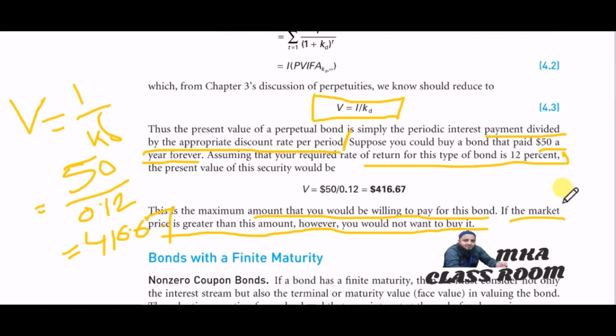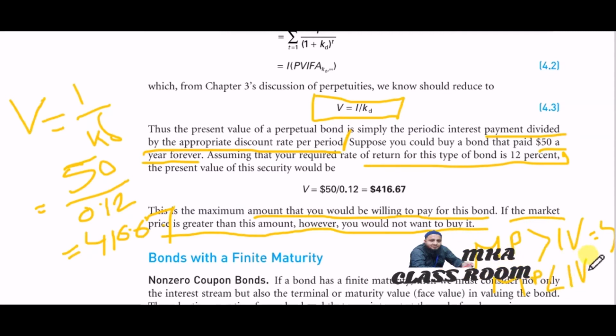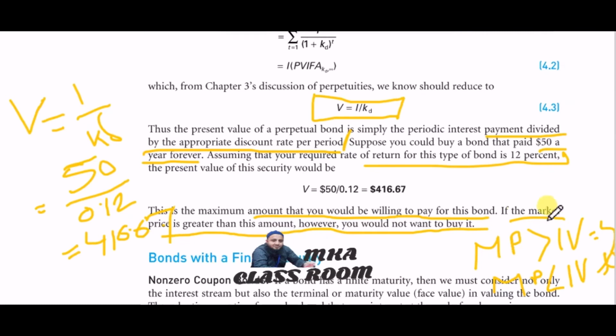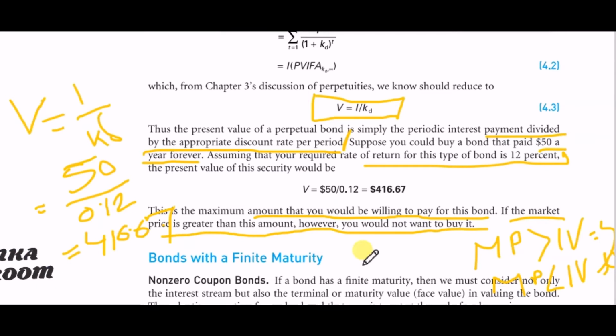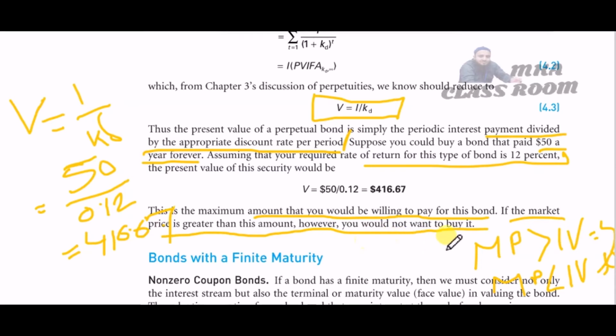So the rule is that if the market price is greater than its intrinsic value, then you can sell, not buy. If the market value is less than the intrinsic value or present value, then you can buy this bond. These are the rules of purchase of bonds in the capital market.